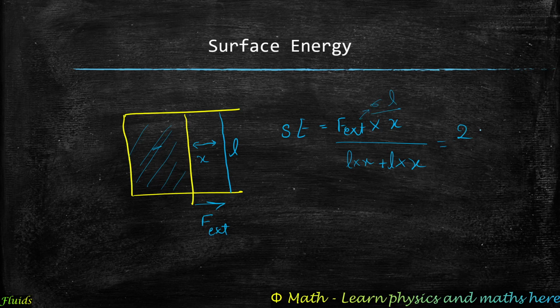So it would be 2 sigma L x divided by 2 Lx. And now from here we can see surface energy is equal to surface tension, which is also denoted by T, which is also denoted by sigma.